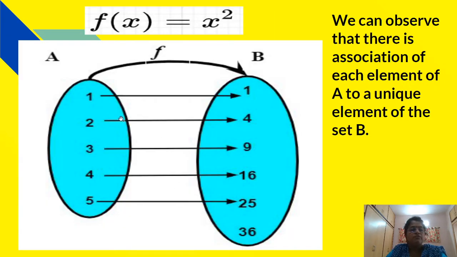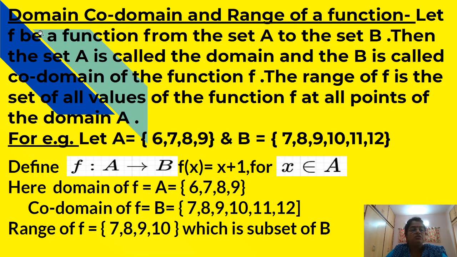We can see that here 1 is related with 1, 2 is related with 4, 3 is related with 9, 4 is related with 16 and 5 is related with 25 under f of x is equal to x square. That is, we can observe that there is association of each element of A to a unique element of the set B.